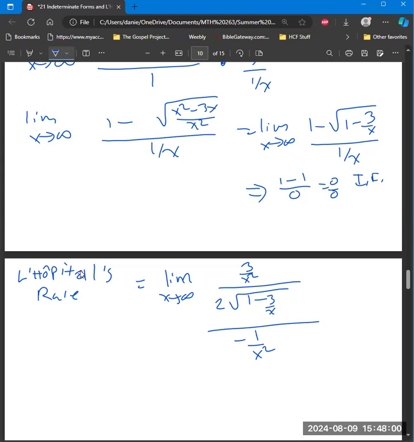Now I'm going to make this the limit as x goes to infinity of 3 over x squared, times a negative x squared over 2 root 1 minus 3 over x.